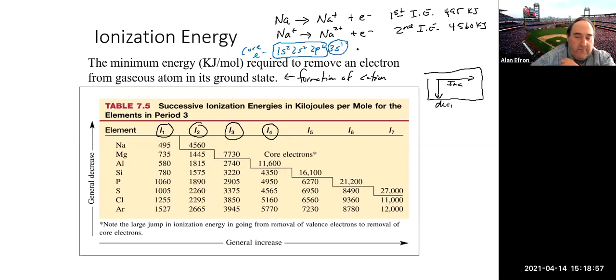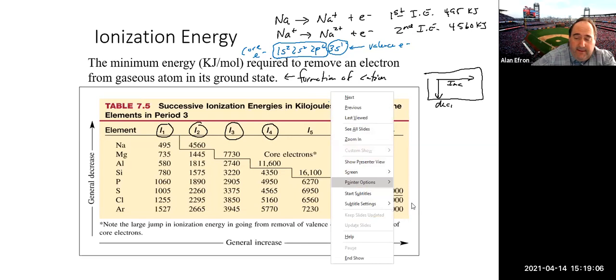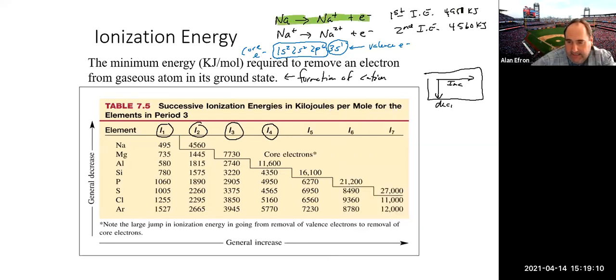Sodium's in group 1, so it has 1 valence electron. Sodium is more than happy to give up that first electron. It only takes about 495 kilojoules to do that, to become positively 1 charged.